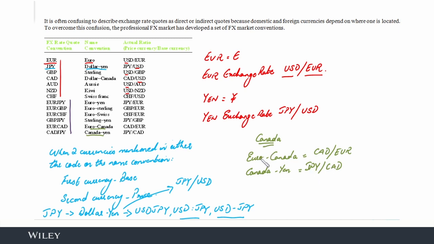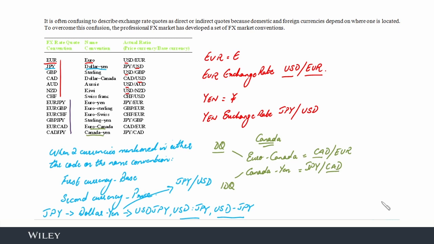So the trader in Canada faces these two quotes according to market convention. Note that for her, this is a direct quote. However, this over here is an indirect quote. This is a direct quote because her domestic currency is in the numerator. This is an indirect quote because her domestic currency, the Canadian dollar, is in the denominator in this quote.